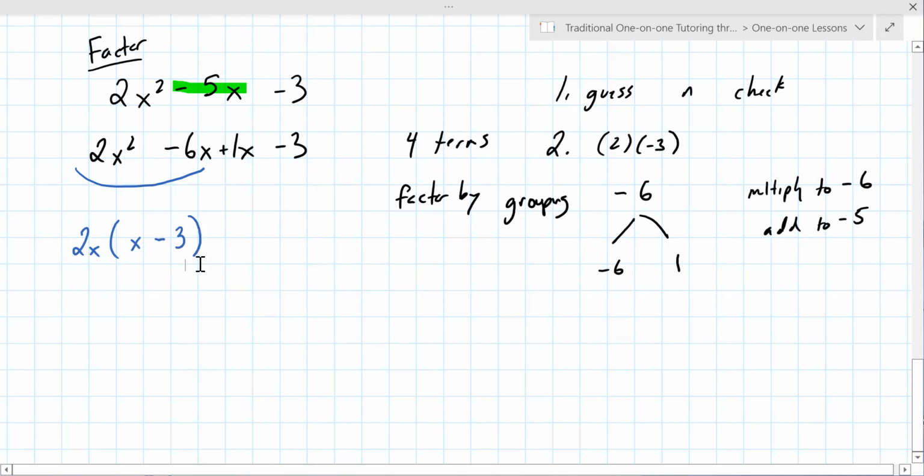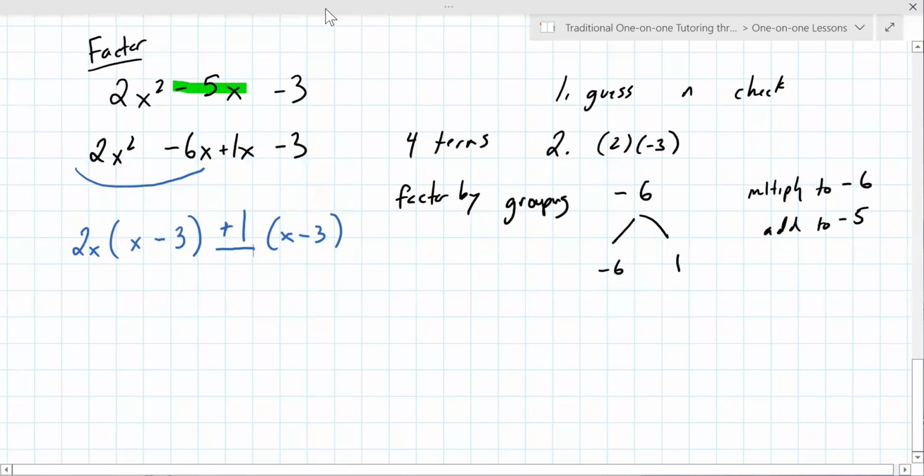Now, very important is that you immediately write that x minus 3 over here to the right. You don't waste any time overthinking it. And so now you figure out, well, what number goes here such that when you multiply in, you get back to the previous line. In this case, it's plus 1.